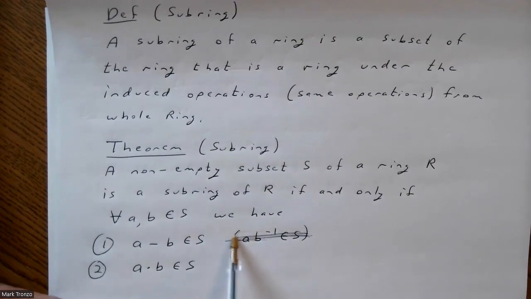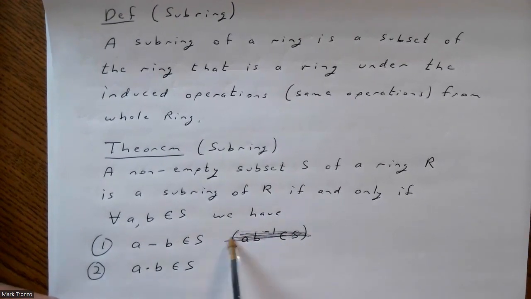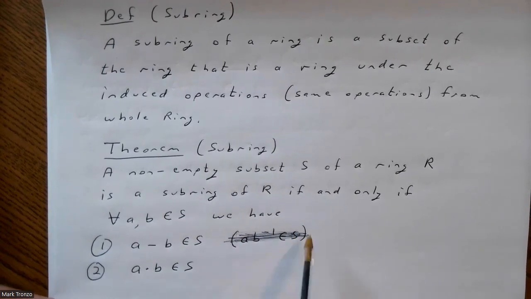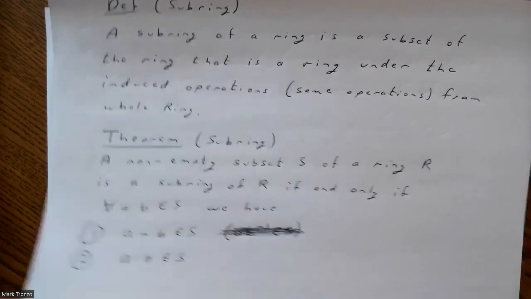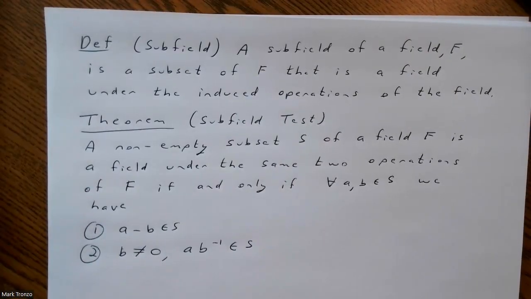It's technically okay, but it can be a little bit misleading, because when we get to the subfield test, we really do need that other operation. If you want to make it really clear, you can also put the dot here. This is going to be under multiplication.